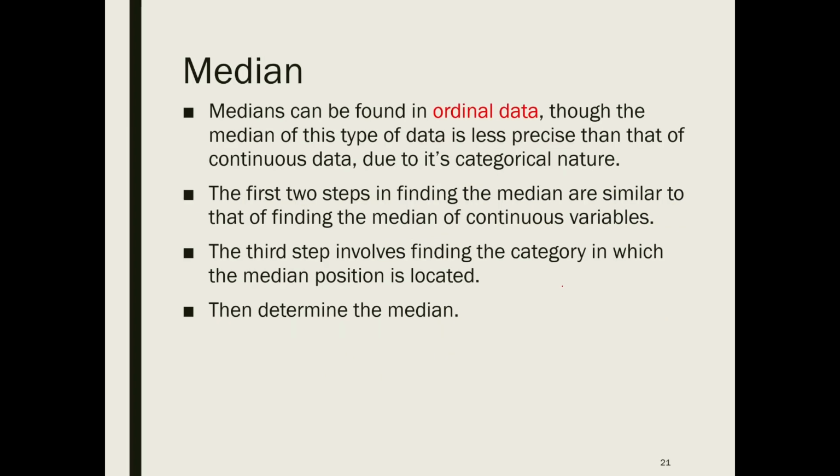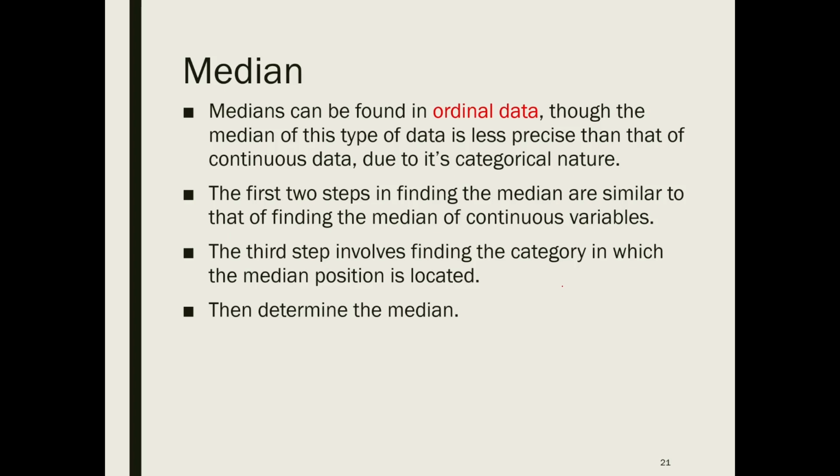So the median can be found in ordinal data as long as it can be ordered. It cannot be used in nominal data because nominal data cannot be ranked, cannot be ordered, right? So the median of ordinal data is less precise than that of continuous data. Okay, but still it's the median.